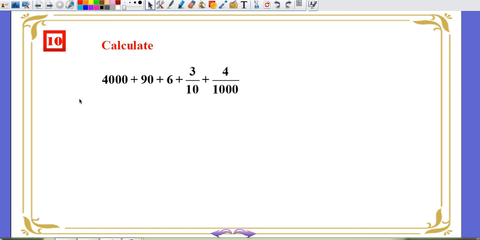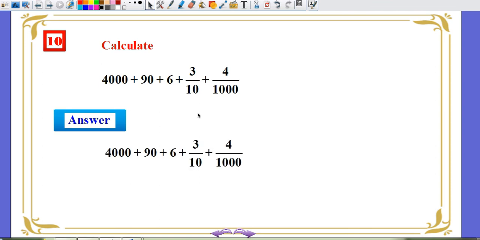You notice that 4,000 plus 90 plus 6 is easy to see, the answer is 4096, because the numbers are in different positions and there is only one digit each. Now we solve 3 over 10 plus 4 over 1000. We do not perform fraction addition because they are not in the same form, but we convert them to decimal form, and the calculation is very simple.